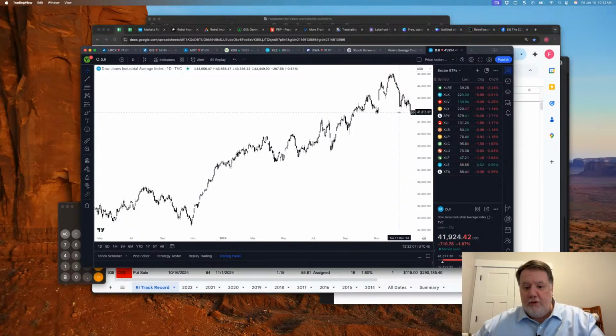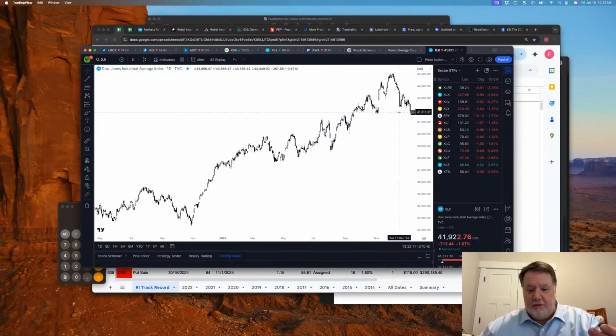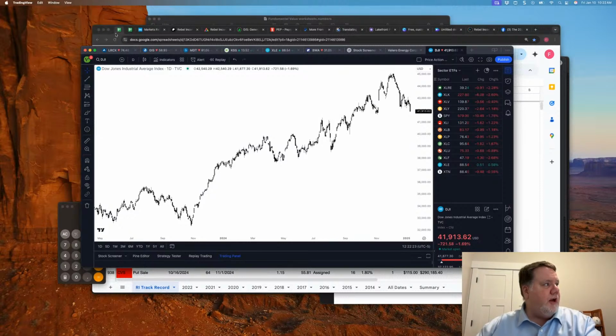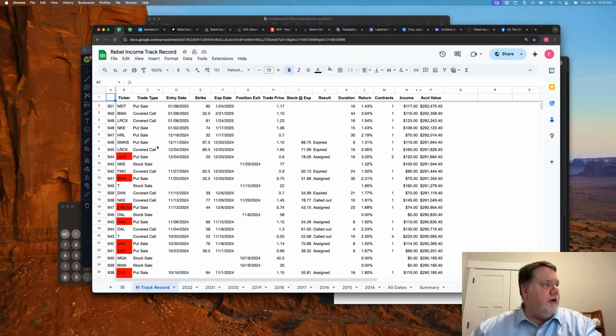But even so, the other part of this is if you do decide that you're going to take on a new position, always make sure that you're being very conservative with the size of positions that you're taking on. I'm trying to be very deliberate about that with every new trade that I place. Here's the last few trades I've placed.